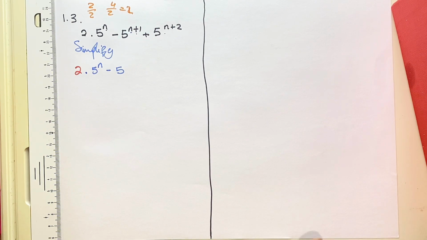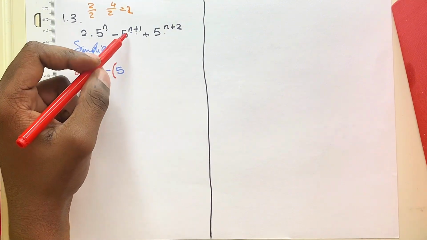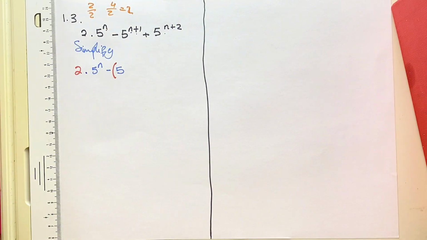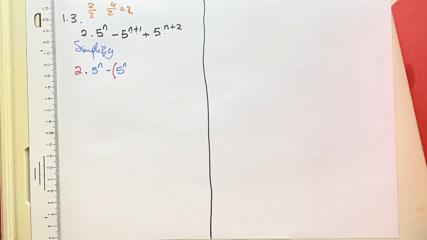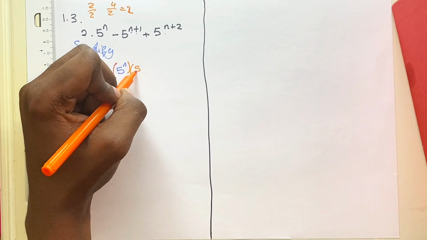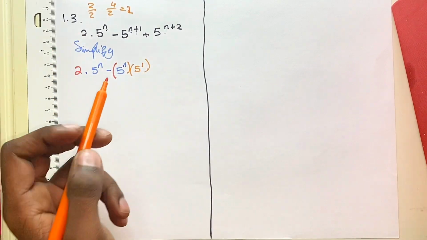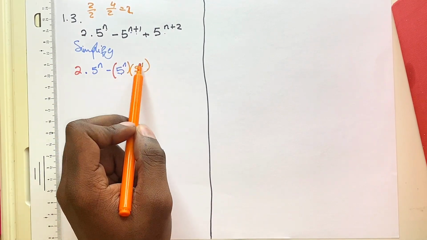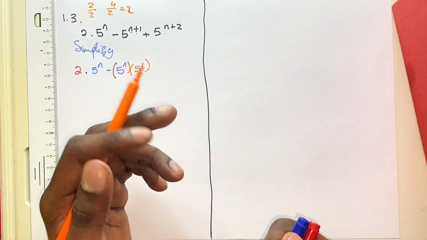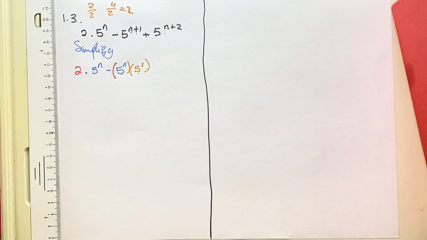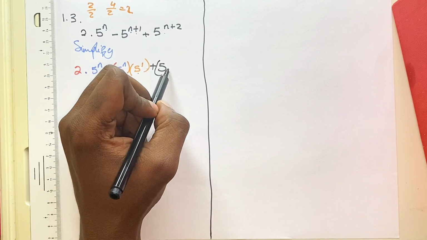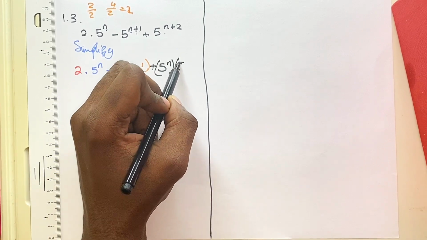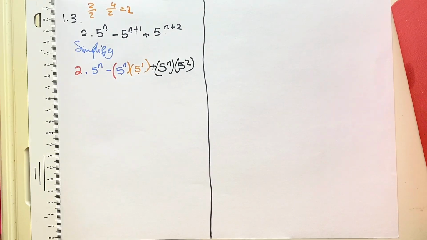So before it became 5 to the power n plus 1, we had 5 to the power n multiplied by 5 to the power 1. We are just breaking it down instead of going in that direction with throttlers. Now that is plus 5 to the power n times 5 squared.